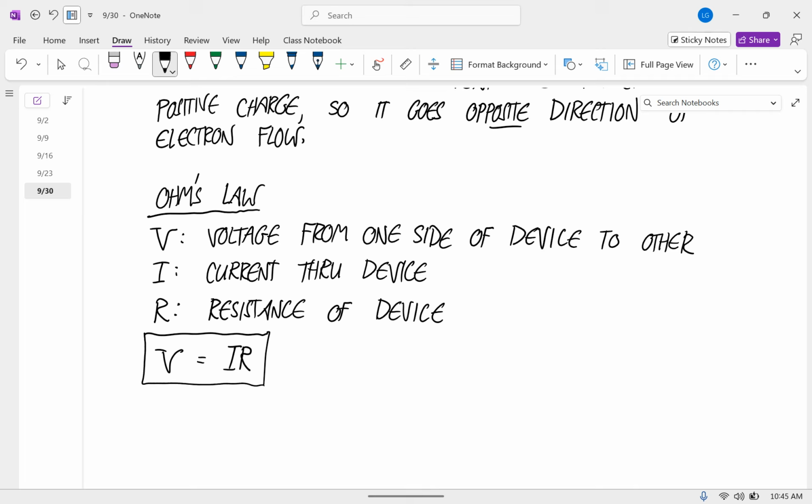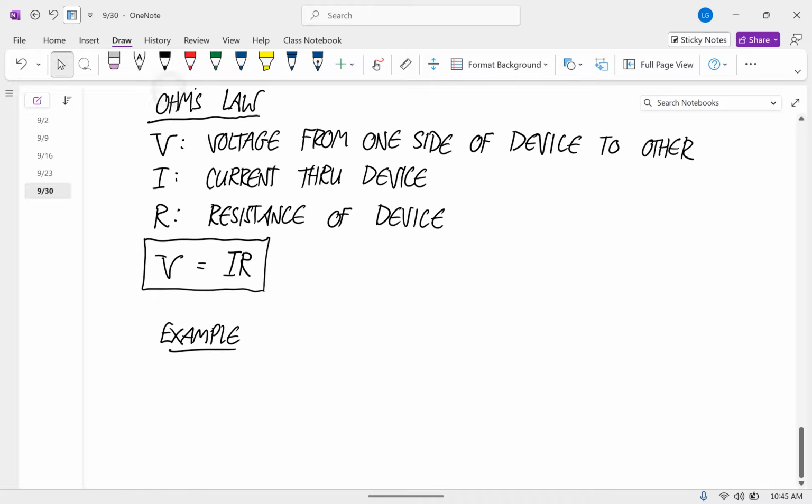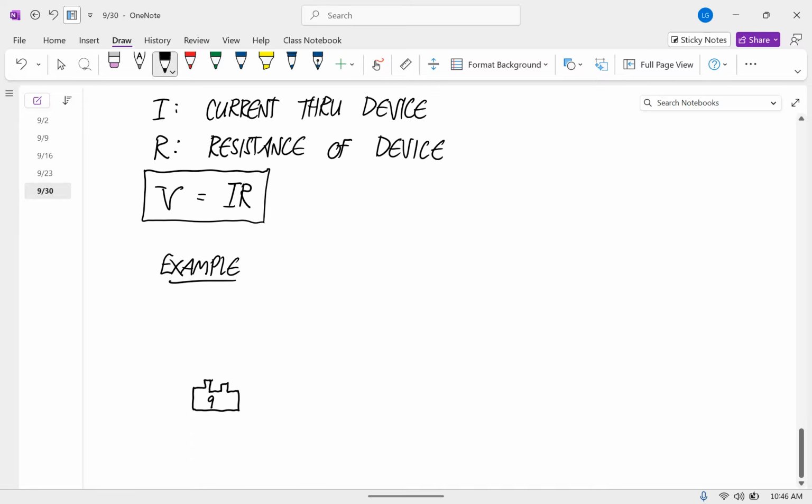So if you know the resistance of the device you're using, this is the relationship between the voltage, like the pressure difference you apply, and the amount of electricity flowing through it. Let's do as simple a calculation as you can do. Imagine you have a 9-volt battery.